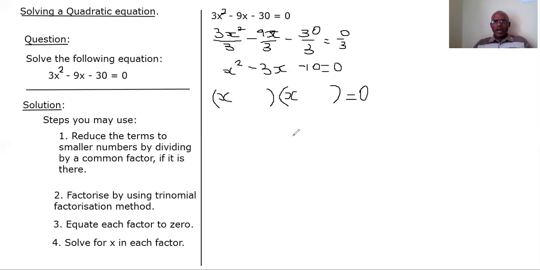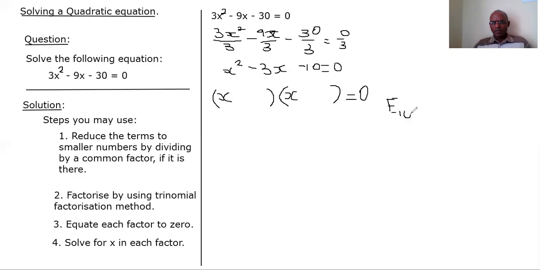Thereafter, I am going to look at the factors of minus 10.